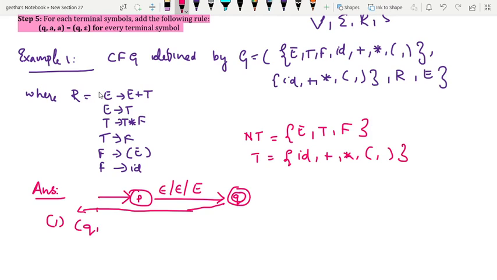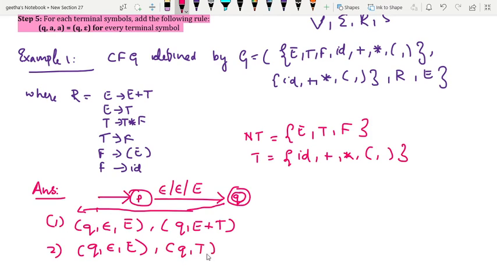For the first rule E gives E plus T, Q, epsilon, and the LHS contains E, comma, Q, comma, E plus T. For the next rule, again Q, epsilon, E. Then for the second rule, E gives T, I'm writing here Q comma T. So here you are supposed to write the RHS, and here you are supposed to write the LHS of a rule. The rest will be the same.